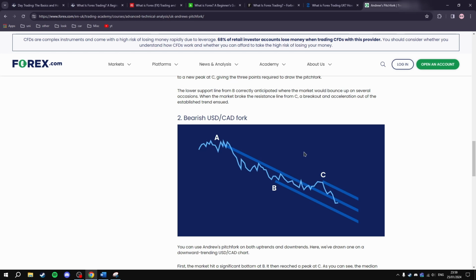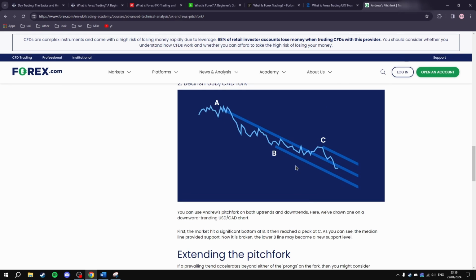Bearish USD/CAD fork. You can use Andrew's pitchfork on both uptrends and downtrends.